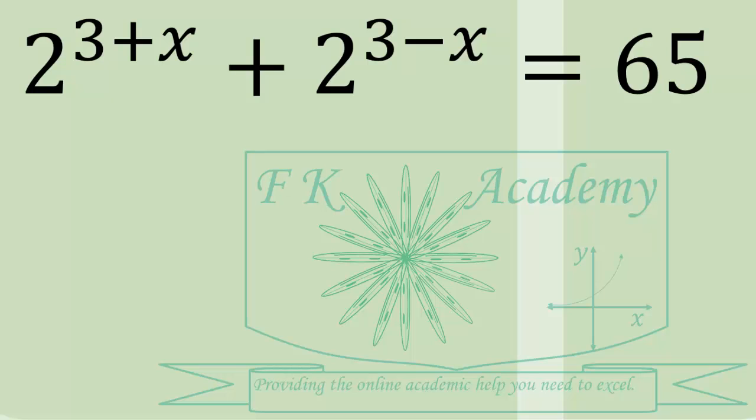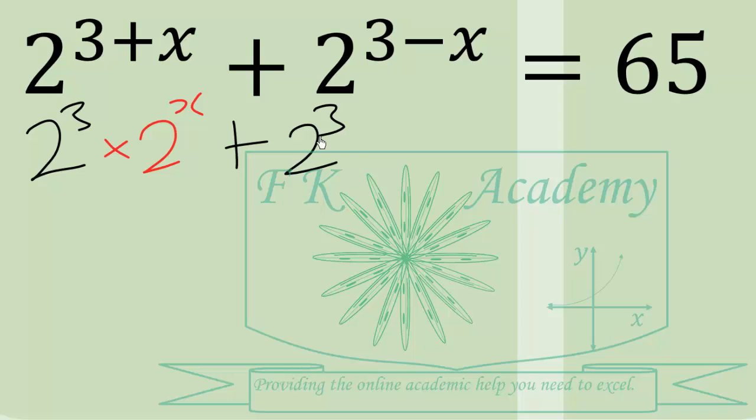So applying the product rule gives us 2^3 times 2^x, plus 2^3 times 2^(-x), which is equal to 65. So we can simplify. 2^3 is 8.